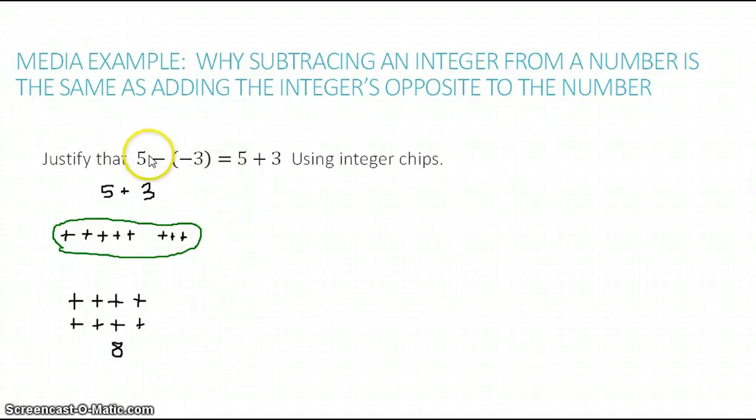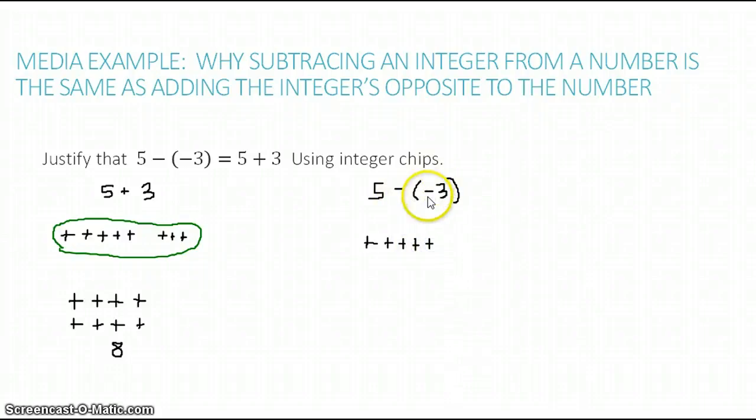So how does this relate to 5 minus negative 3? Well, remember, with subtraction problems, we start with the first amount, which is 5. And then we wanted to take away 3 negative chips.